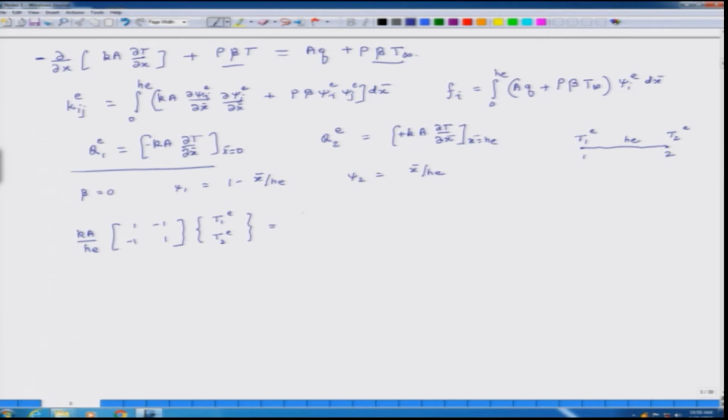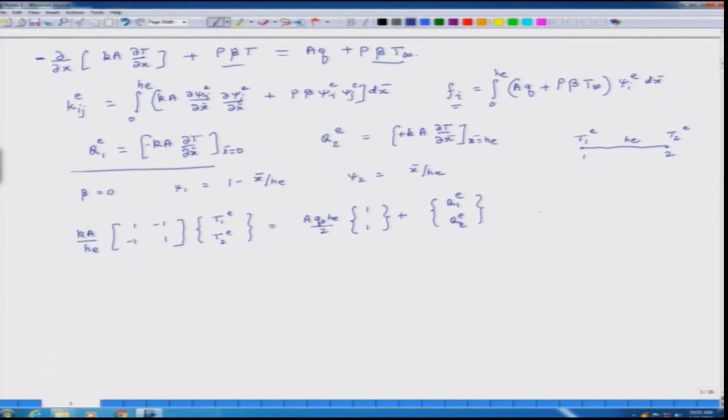And this equals the F vector, and the values in that vector are A Q naught He over 2 times [1 1] plus Q1e, which is a point load or a point source of heat.